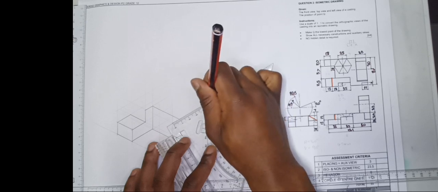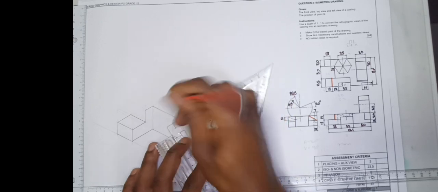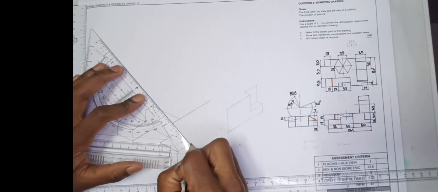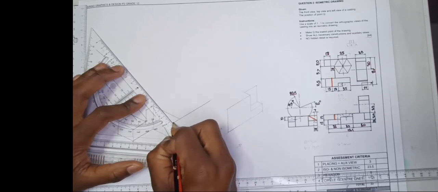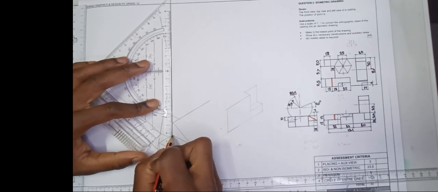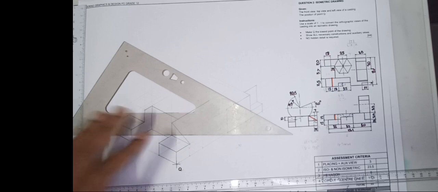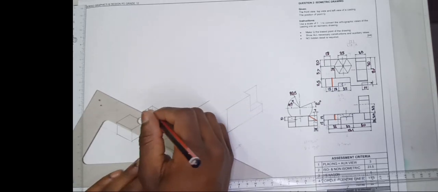Which is here. Okay. So confidently I can use my solid line here, and then also on the side I can use my solid line. Right. So now what's left for me is to finish off this part here.